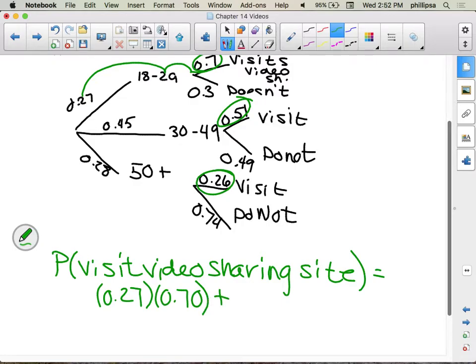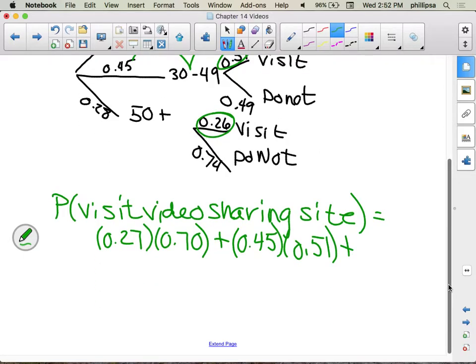Plus you had the other group, the 51% of the 30 to 49-year-olds, who accounted for 45%. And last, the 50 and up: 26% of them, and they accounted for 28%.